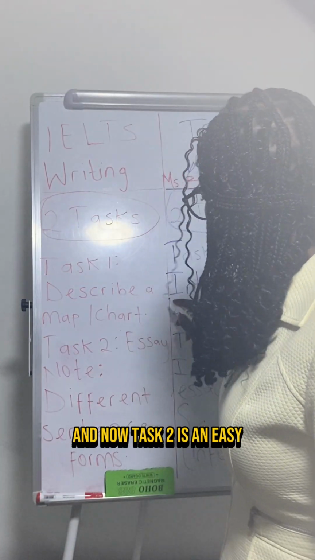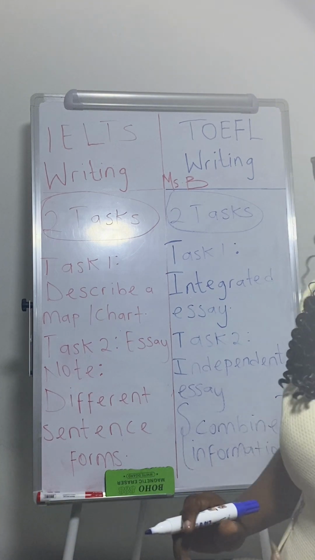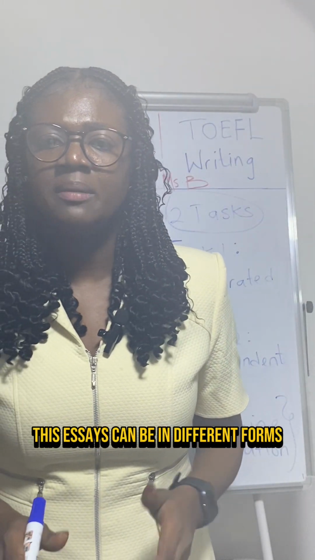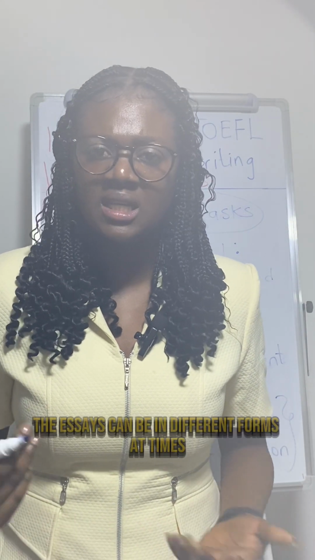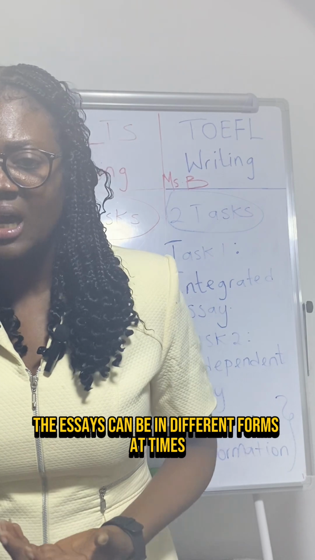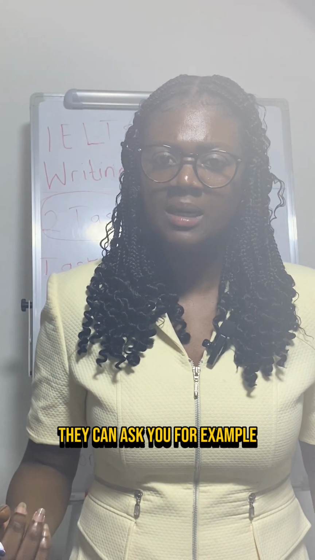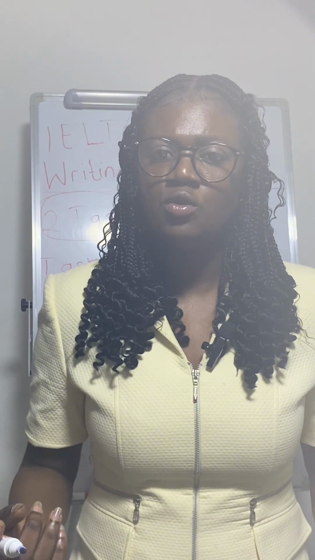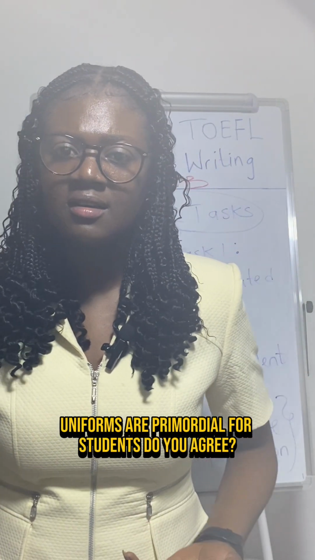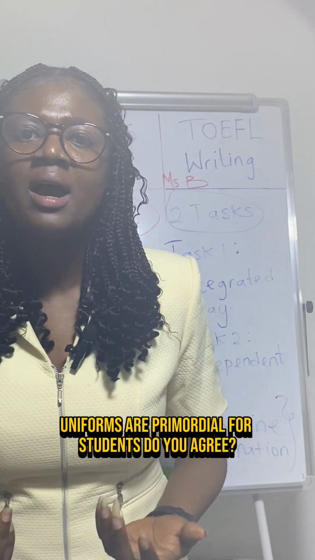And now task two is an essay. These essays can be in different forms. At times, it can be an argumentative essay. They can ask you, for example, uniforms are primordial for students. Do you agree?